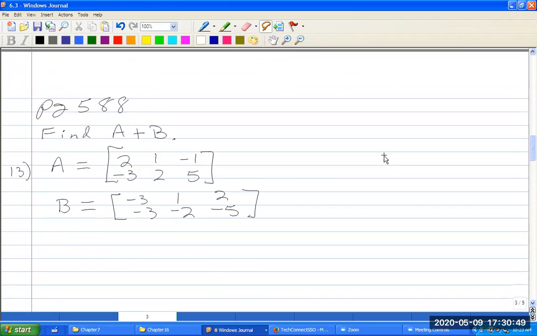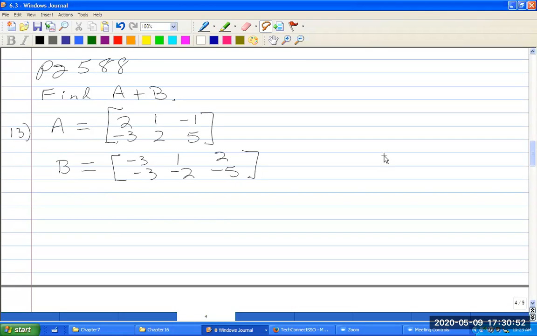Let's do some examples. Page 588. Find A plus B. In problem 13, A is equal to the matrix 2, 1, minus 1, 3, 2, negative 3, 2, 5. B is the matrix negative 3, 1, 2, negative 3, negative 2, negative 5.